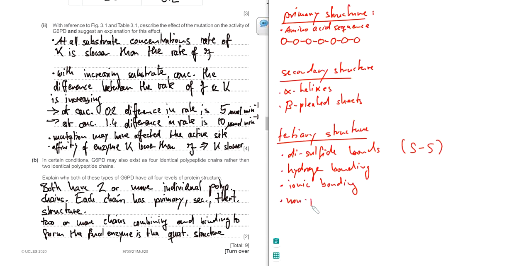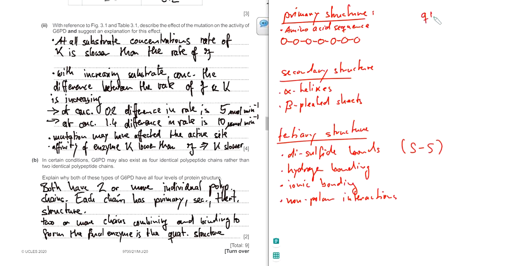And as well, nonpolar interactions. Some amino acids may be nonpolar, they tend to stick to each other as well, avoiding the water they are surrounded by, because these nonpolar regions of amino acids are hydrophobic.